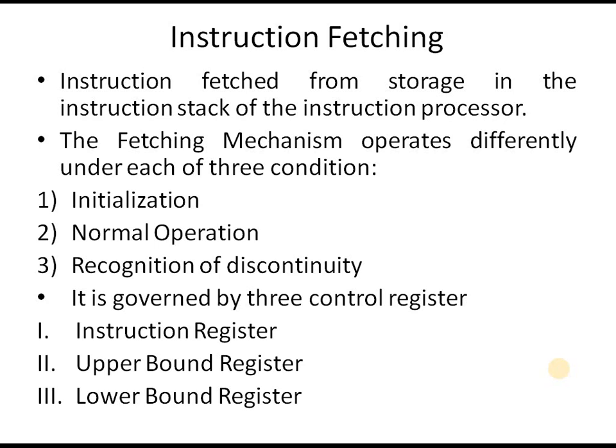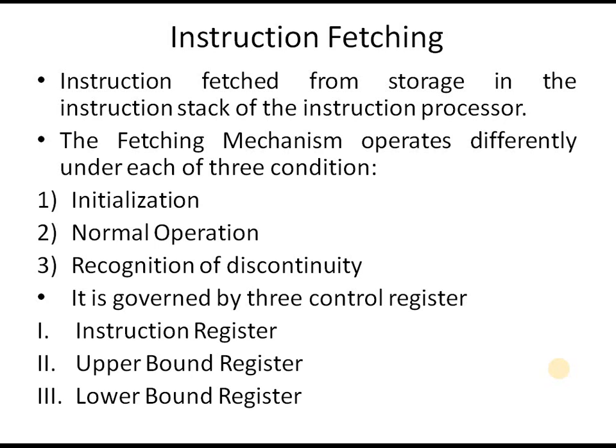Normal operations. During normal operation, the instruction fetching mechanism continually attempts to fetch double words. Fetching will not take place if any of the three conditions just described is present.